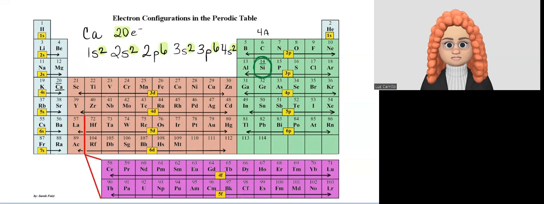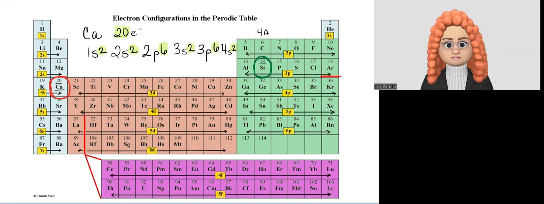Now, taking this information, I want to do the noble gas arrangement for it. We can observe here that since calcium is here, the noble gas that precedes it is argon.